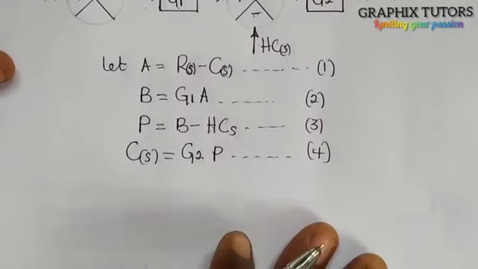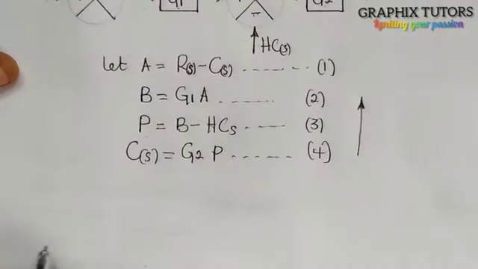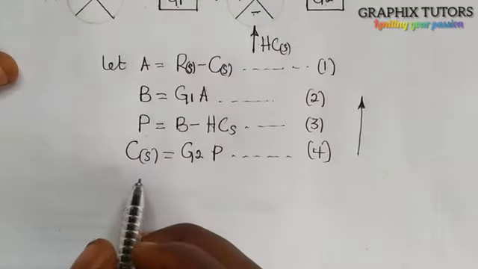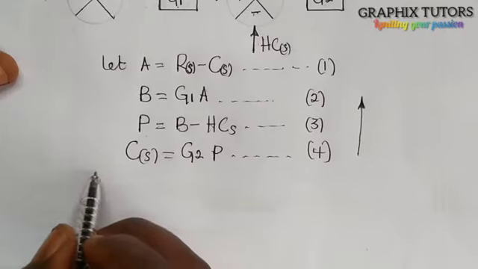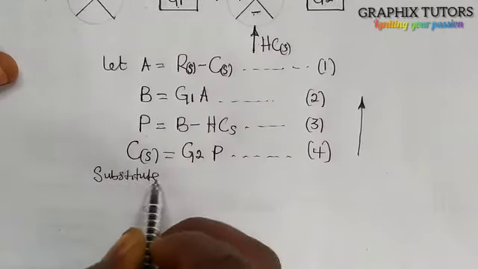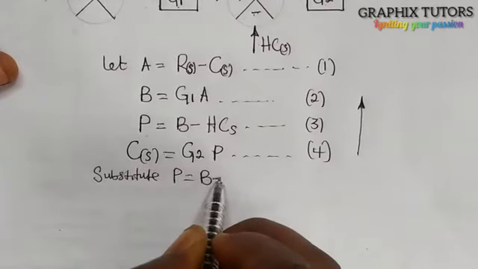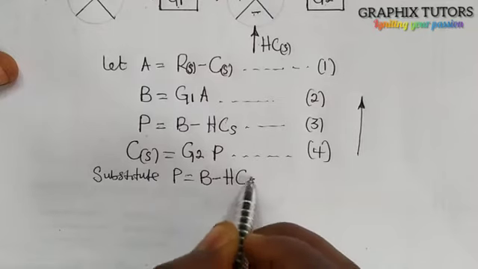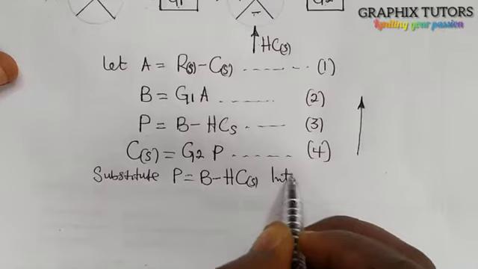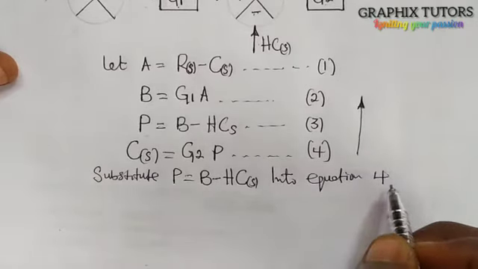So from this point here, I'm moving this direction, right? So what I will do here is I'm going to substitute P equals B minus HC(s), that is the gain times the output, into equation 4.